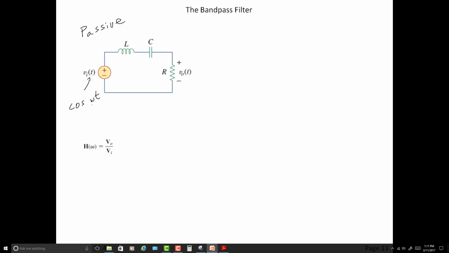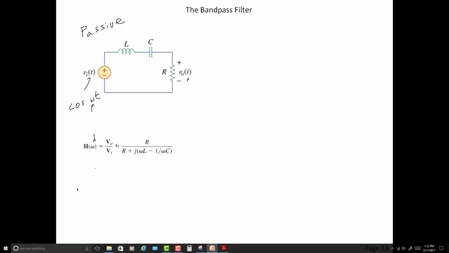And we're not worried about varying t, we're varying omega. So let's keep that in the frontal lobe, and even though we're finding v out of t according to the diagram, we're really going to have v out as a function of omega, and now we're going to track the function of omega.